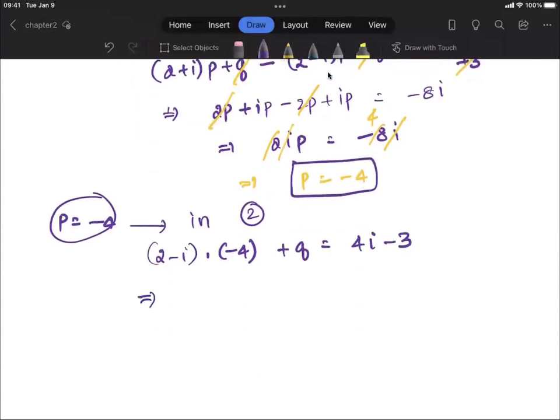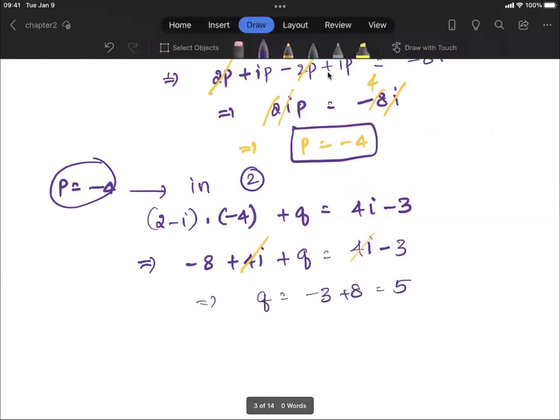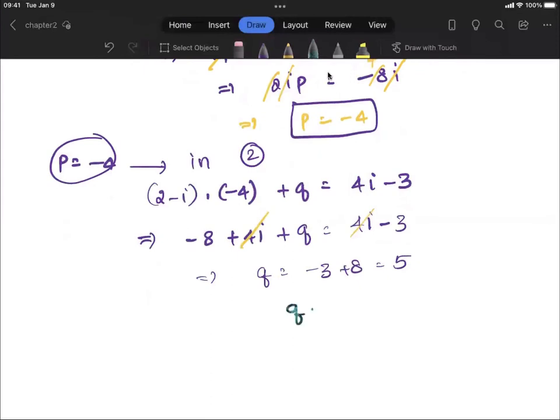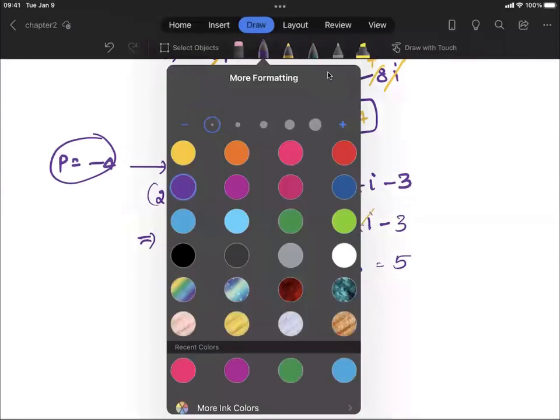Now that would mean negative 8 plus 4i plus q equals 4i minus 3. I'm going to cancel 4i here. That will give me q equals negative 3 plus 8, which is 5. So we have q equals 5. We found the values of p and q.